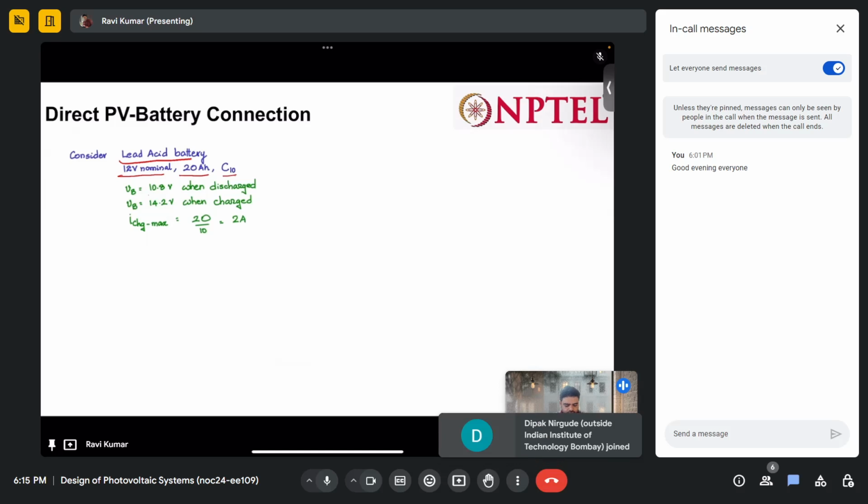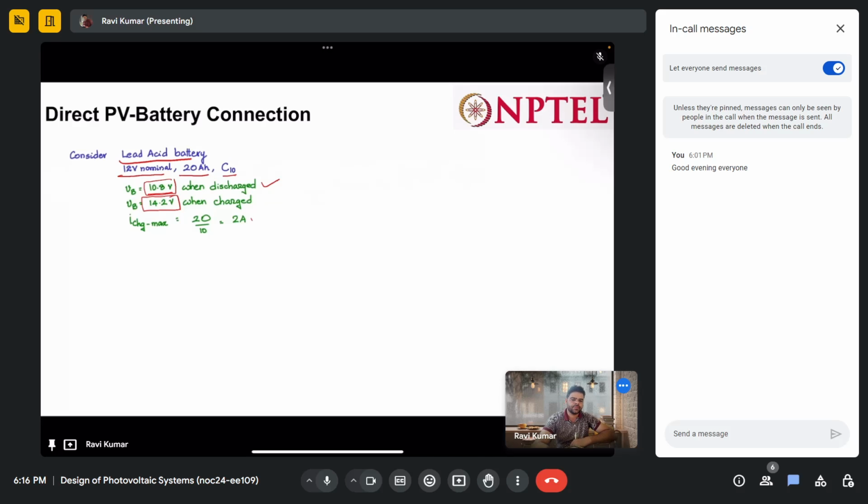VB is 10.8 volt while discharging, which means it is the minimum voltage of the battery, and while charged this is the maximum voltage of the battery, and the maximum charging current can be 2 ampere.